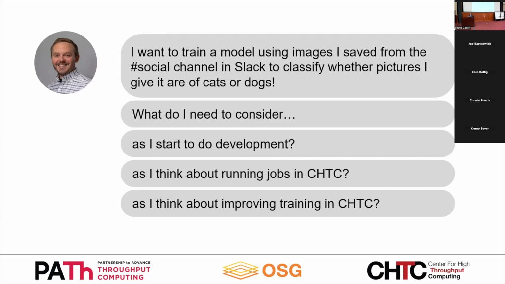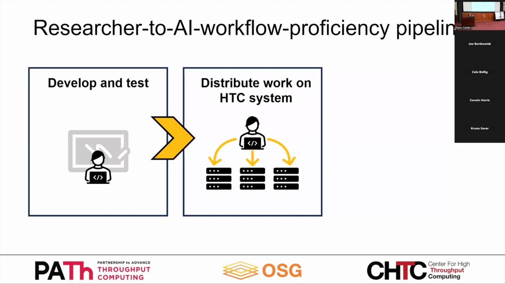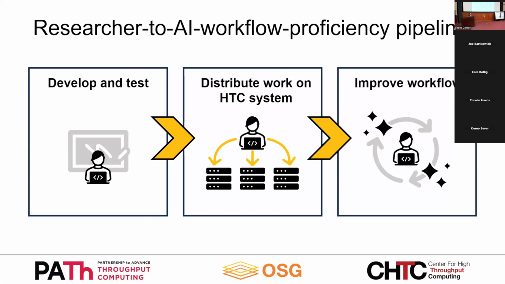We like the way that he has framed this, because this follows our researcher-to-AI workflow proficiency pipeline. First, we're going to develop and test the AI workflow or machine learning workflow that he is developing. Then we need to put it on one of our systems, so CHTC, the local pool, or the Open Science Pool.